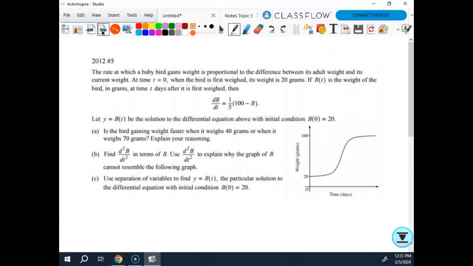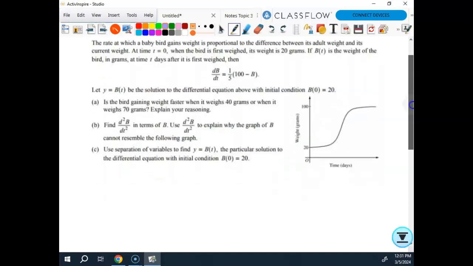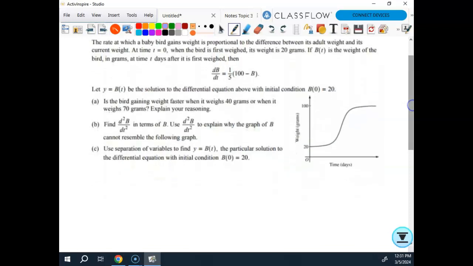Let's talk about the baby bird. We can at least get the baby bird started. Are all y'all at the baby bird problem here? Okay, so this is a more recent one. The rate at which a baby bird gains weight is proportional to the difference between the adult weight and its current weight. At time t equals 0, when the bird is first weighed, its weight is 20 grams.